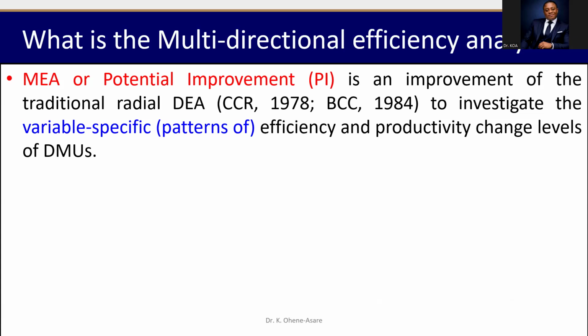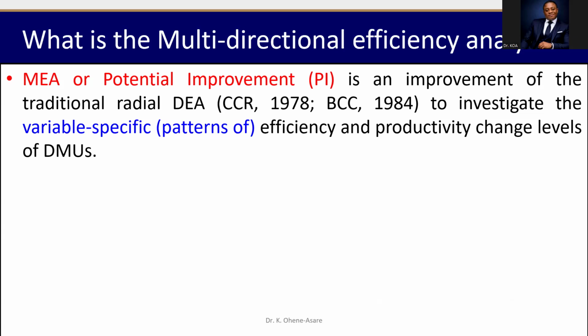The traditional radial DEA model measures the efficiency of a company or a firm, a DMU, by looking at the firm and not the variables that were minimized or maximized to arrive at that efficiency score. In other words, the radial DEA model assesses the efficiency of a firm or of a DMU. It does not assess the efficiency of the variable.